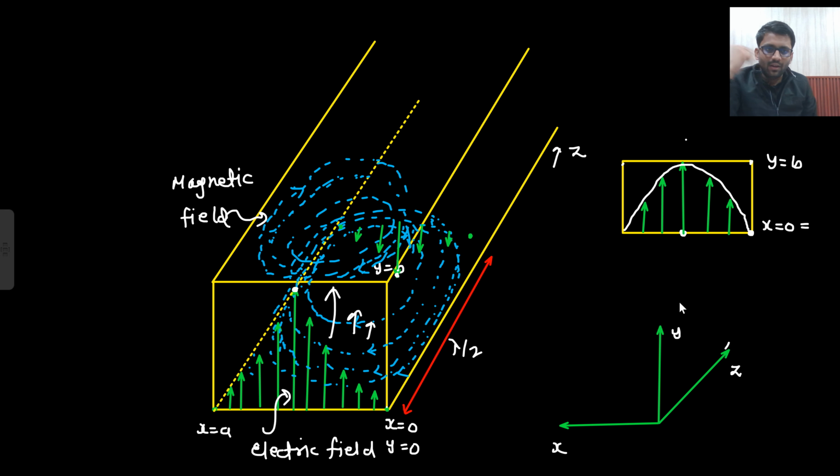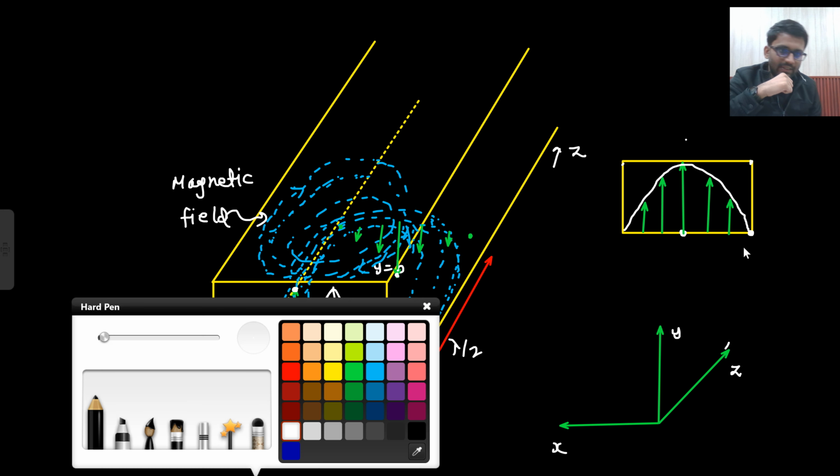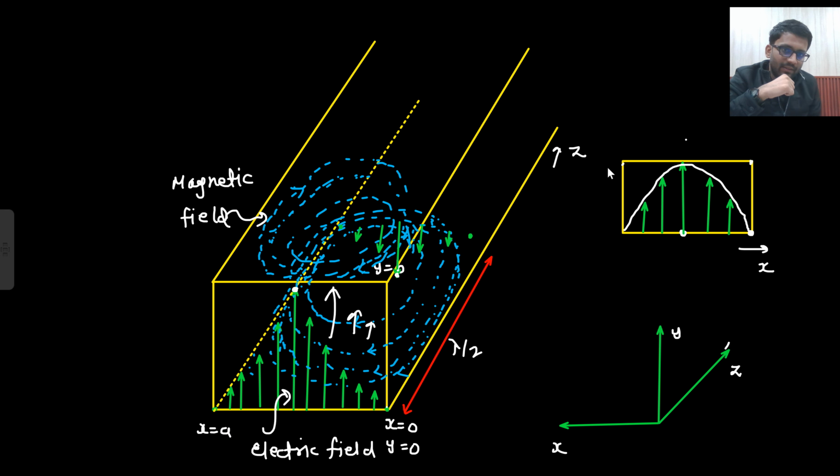And they will say that this is along x and this is along y. Then they will say that this is the electric field pattern. In the question it will be written that this is the electric field pattern.